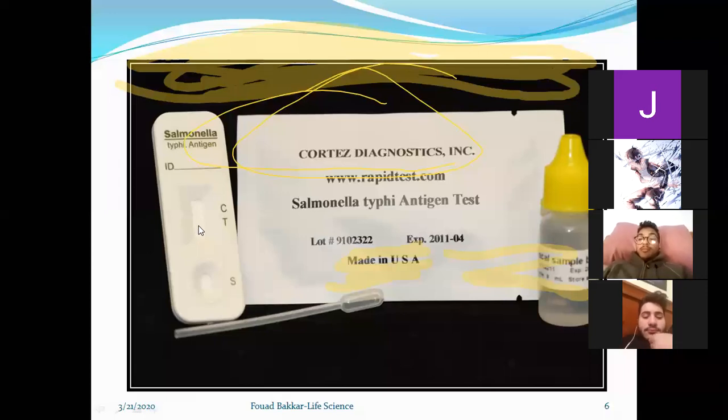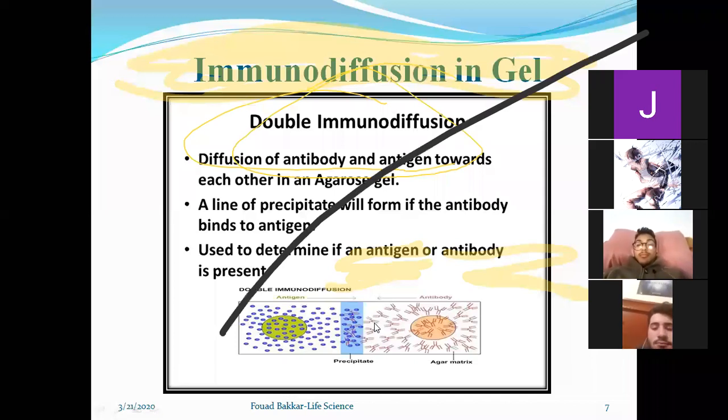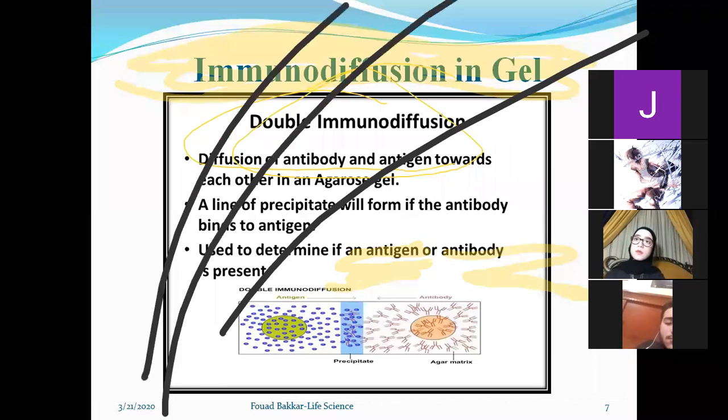And therefore, these antigens present in the Salmonella kit should react with these antibodies, and this is how we can proceed with agglutination. And this is actually another representation for the Salmonella kit, or it could be the pregnancy test. Most ladies, by the time they have skipped their period, or are unable to proceed with menstruation, start thinking that they could be positive or negative.